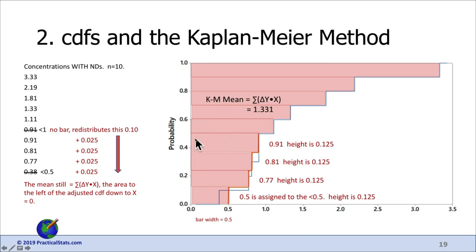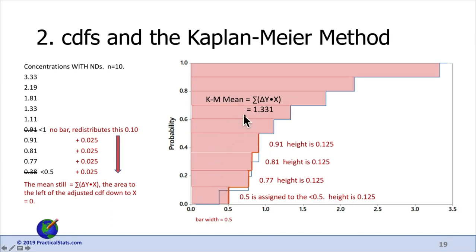So this bar, which represents the detected 0.91, has a height of 0.125 now, not 0.10. The 0.81 has a height of 0.125. The 0.77 has a height of 0.125, and the 0.5, which is the lowest non-detected value, is treated as a detect, and it has a weight of 0.125.